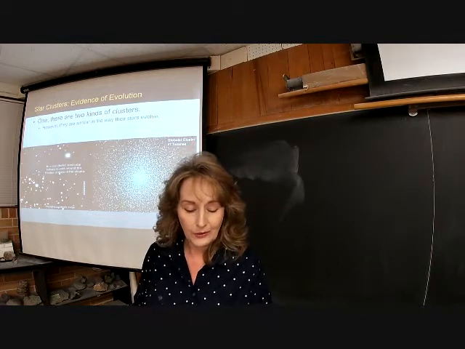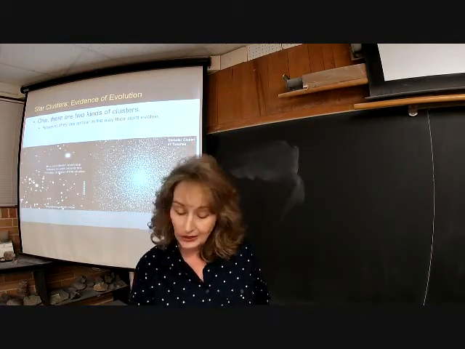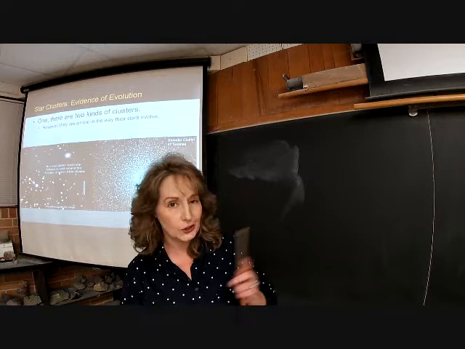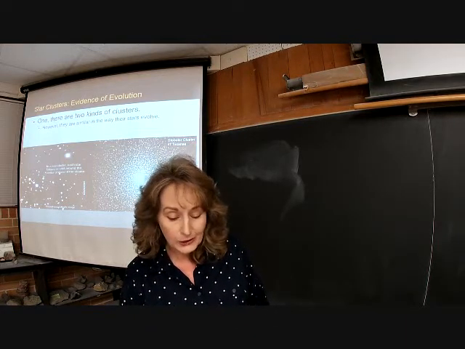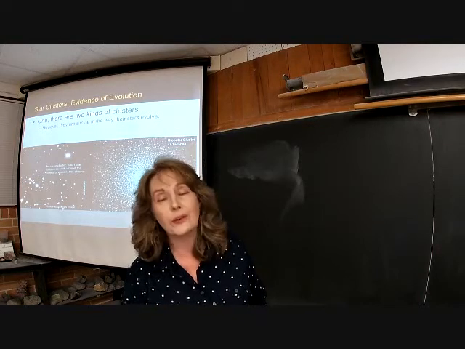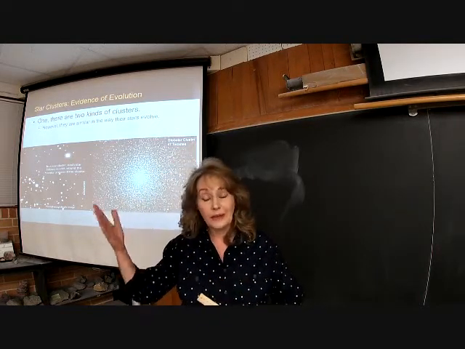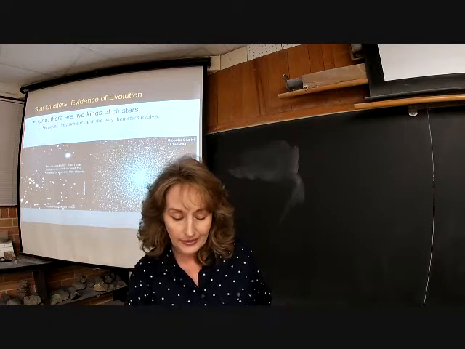You can judge the age of a star cluster by looking at its turnoff point on the Hertzsprung-Russell diagram, where the stars are turning off, going to the right to become giants, like we were looking at there.